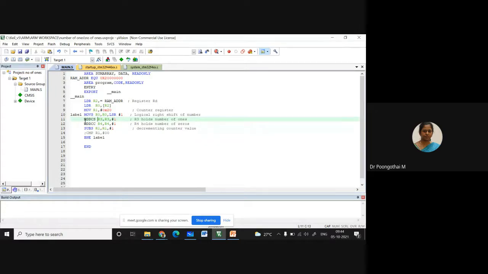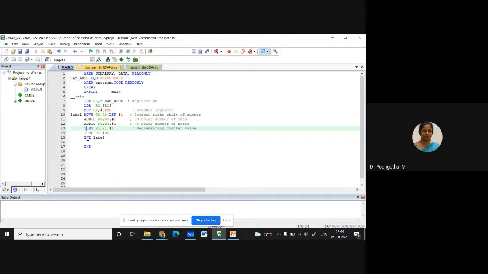If carry is set, this will be executed. If carry is not set, this particular instruction will be skipped and this will be executed. After adding your R4 value, next you subtract your R1 to repeat the operation, decrementing the count value, and check whether this R1 is equal to 0 or not.